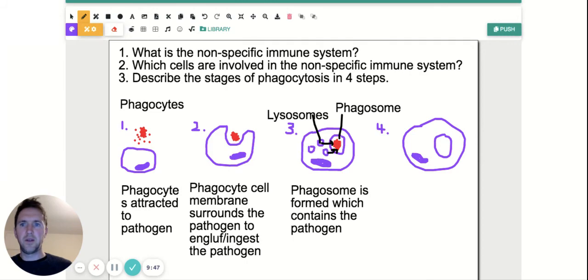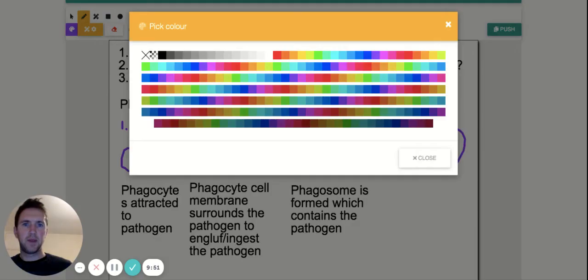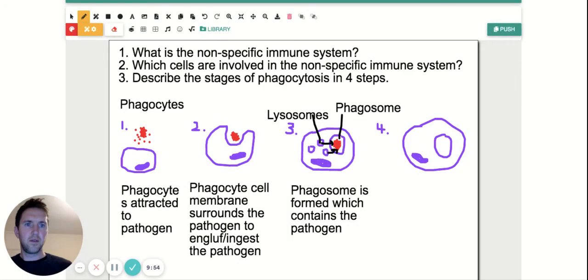What I'm showing here is that the pathogen has been destroyed.